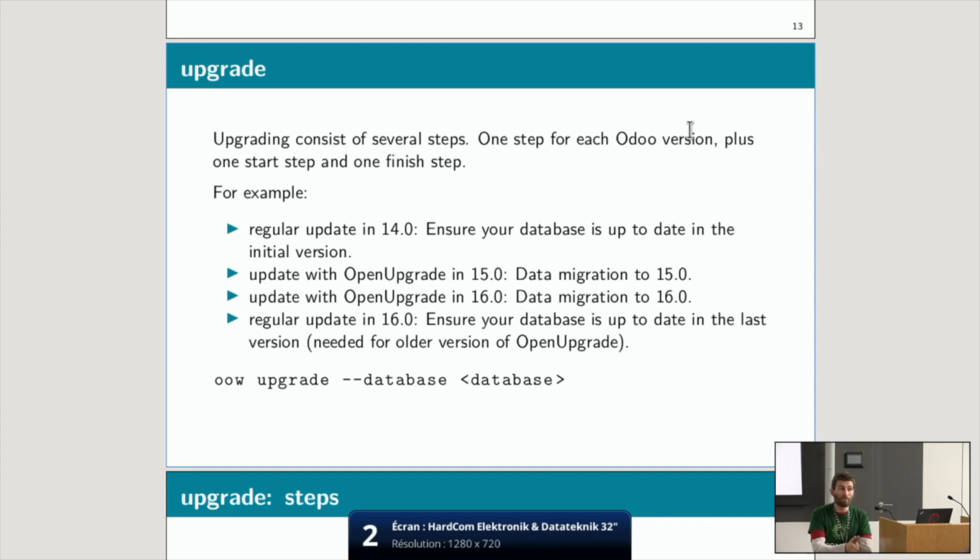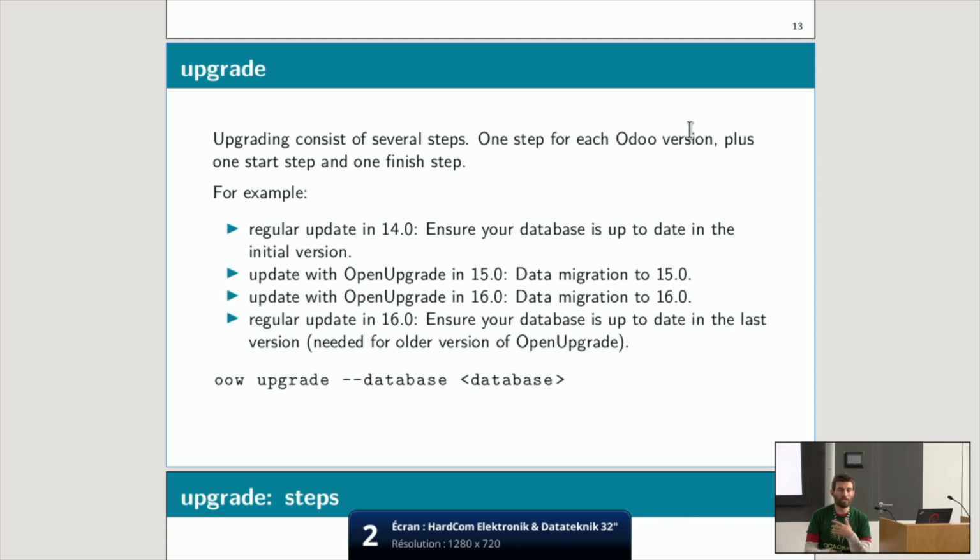One step is for a regular update with the initial version. Then you have one step for each update with OpenUpgrade-wizard. And at the end, you have a regular update on the latest version, the target version. On the slide, there is an example for going from 14 to 16.